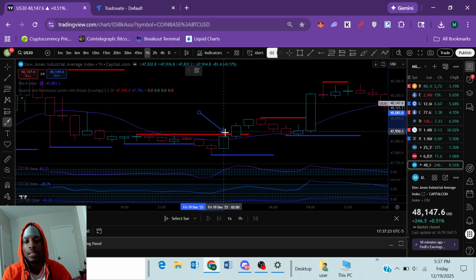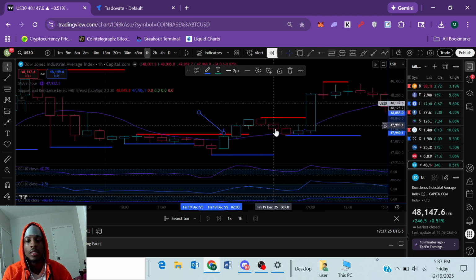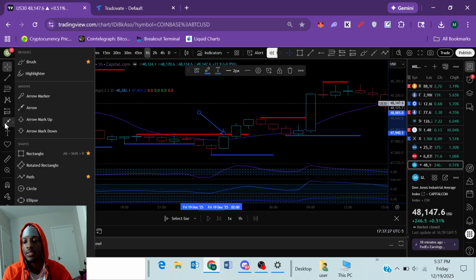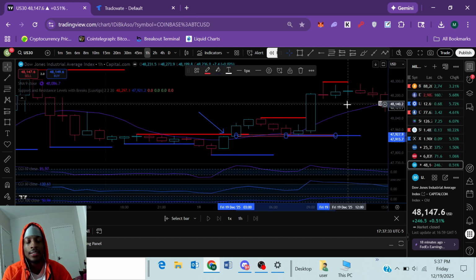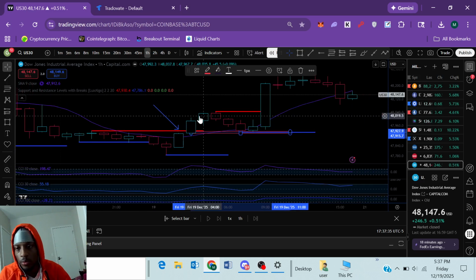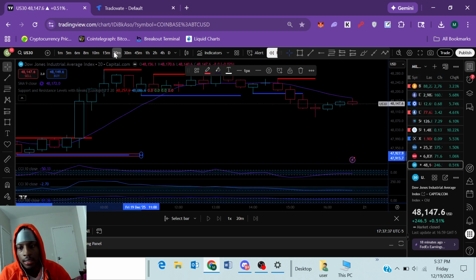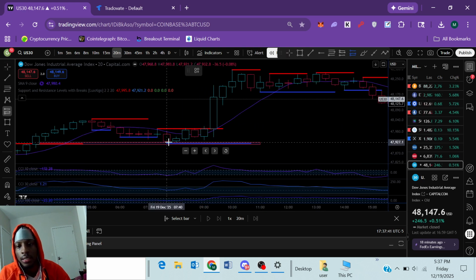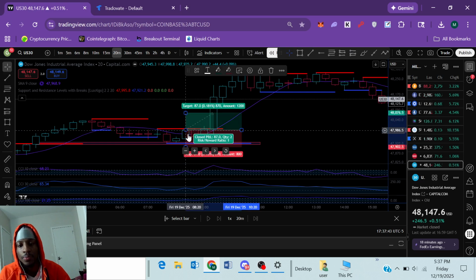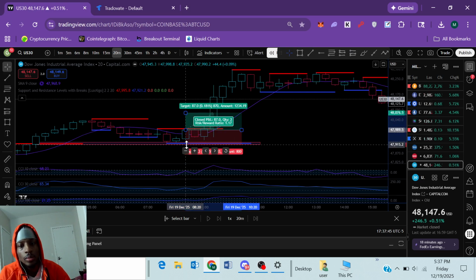Then we looked for the market to return down to that level and use that level as a new support. The market came back down to this level, in which we were able to enter off of our 20-minute time frame confirmations. So we entered literally here. If you want to learn the confirmations, you would have to be part of the group. We entered here, and then boom, the market took off for us.